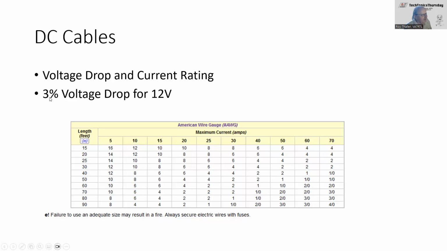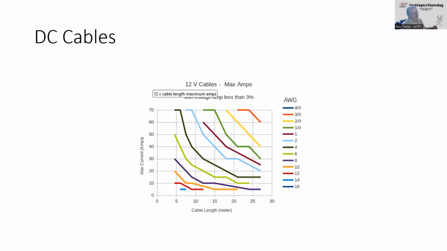This is mainly because you want to keep your voltage drop low. And again, use adequate wire, otherwise you could start a fire. Also have a fuse close to the battery and also close to the radio. And here's a graph showing what sizes you should use.